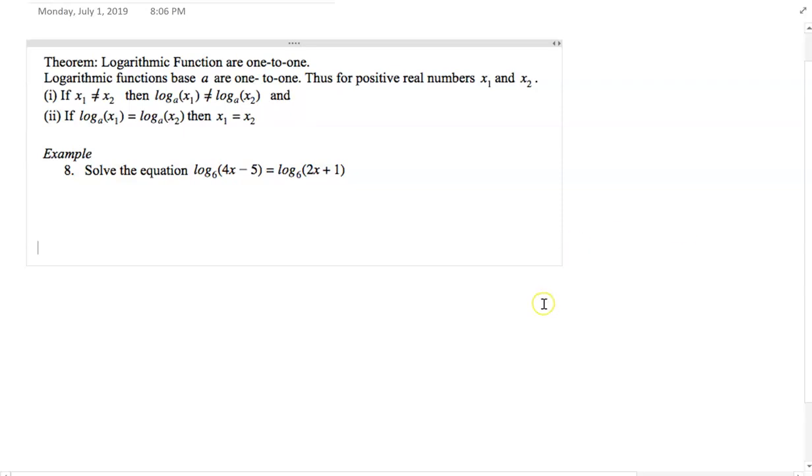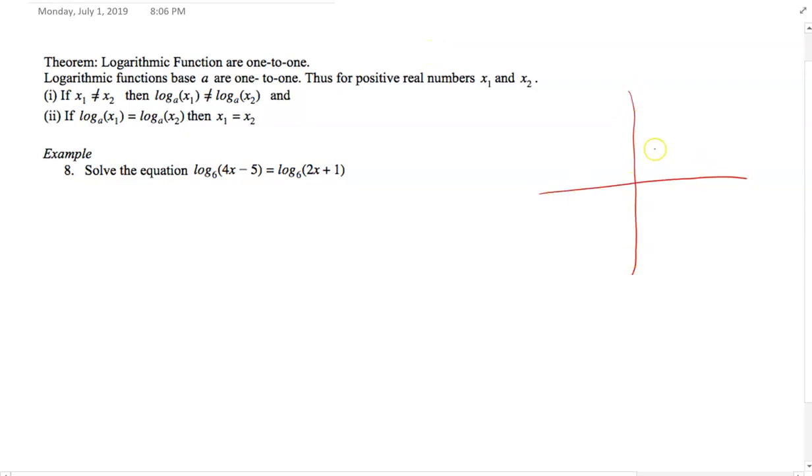Let's talk about a theorem. Log functions are one-to-one, and if we can remember our general exponential function, which was one-to-one, and then think of your inverse being your log function, it's also one-to-one. So this is your log function, and that was your exponential function.